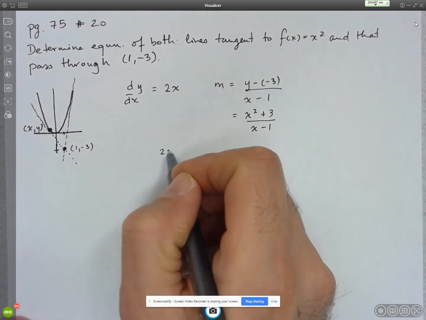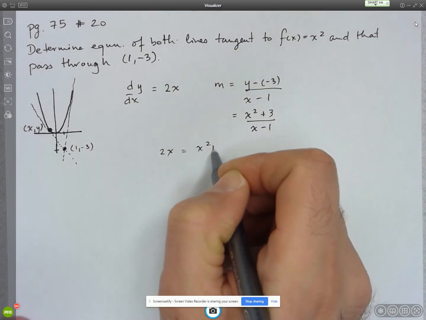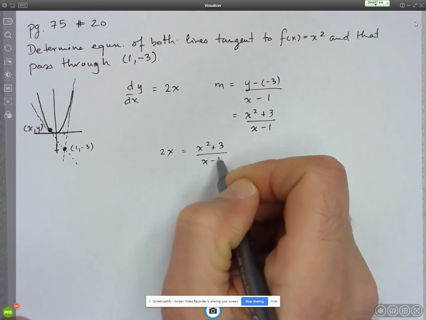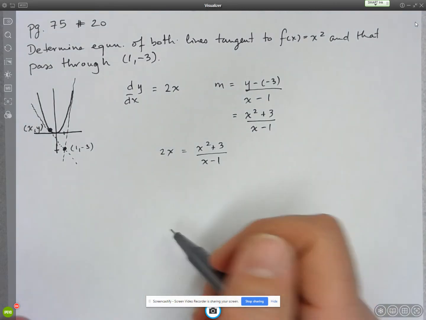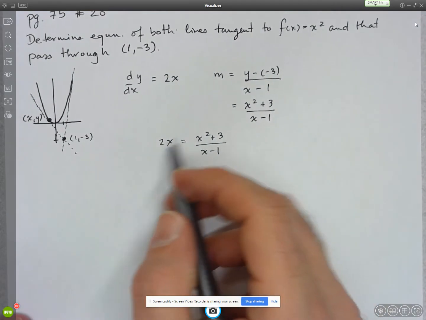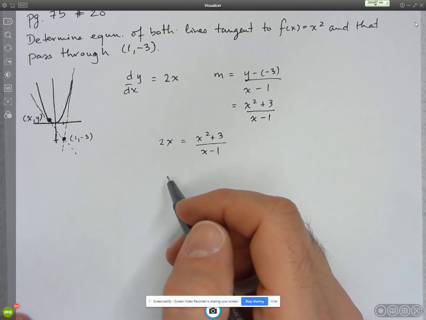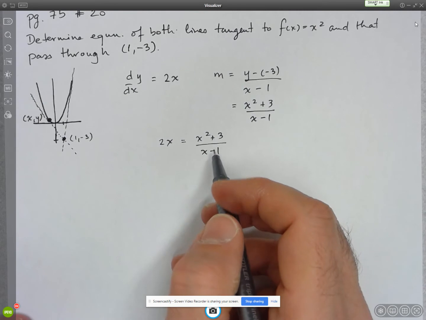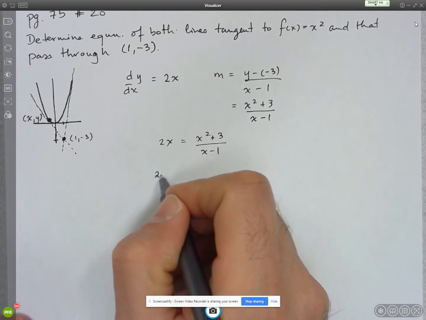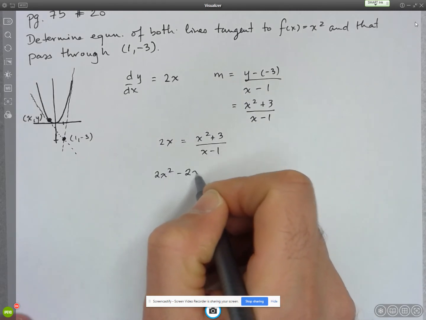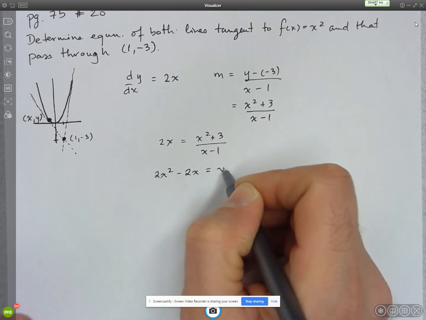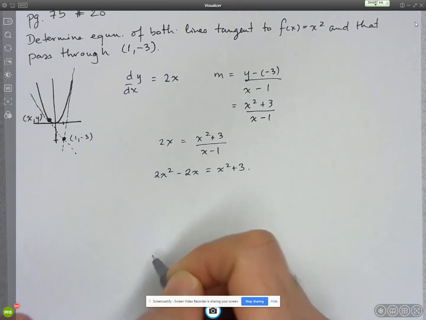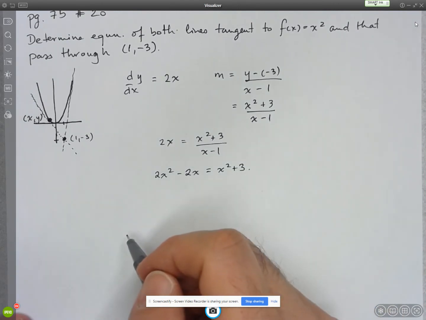We have 2x equals (x squared plus 3) over (x minus 1). And hey, look what we've got, an equation that we can solve. In fact, it's a fairly simple rational equation. So I'll multiply x minus 1 to both sides. On the left, I'm going to have 2x squared minus 2x equals x squared plus 3. Again, we've turned it into a nice simple quadratic equation.